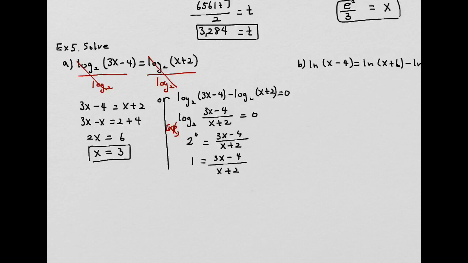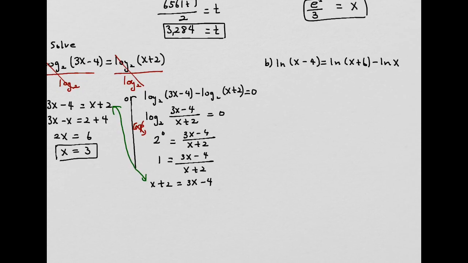And then you multiply both sides by x plus 2, then you get this, which is the same as the beginning right there. So you can work either way. It looks like the first way was shorter, but sometimes you have to combine them to make a single logarithm, like the next example.